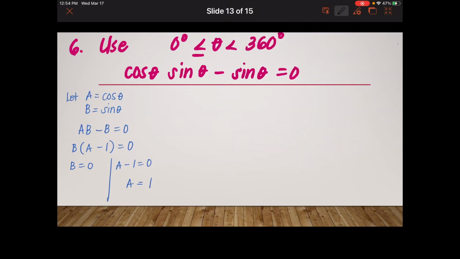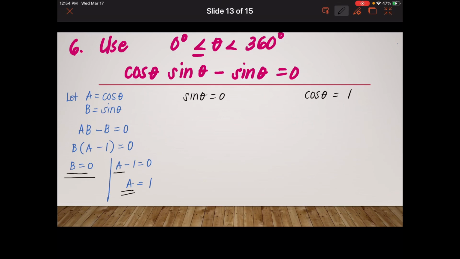I know that my b is sine. So sine theta is equal to 0. And then the other one is a. I know that my a is equal to cosine. So cosine theta is equal to 1.